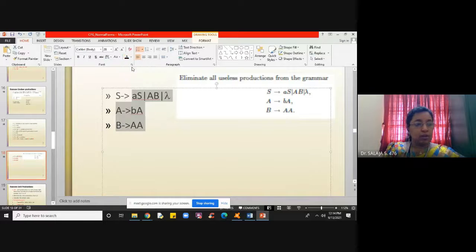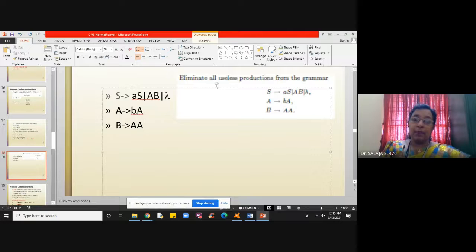We are only talking about the useless productions. So now what happens? If you see here, A produces BA, it moves on. Suppose you say S produces AS, you can have a lambda, you can end there. But if S produces AB is given, or S produces AS and then S is being replaced by AB, whatever it is, you have this AB option.